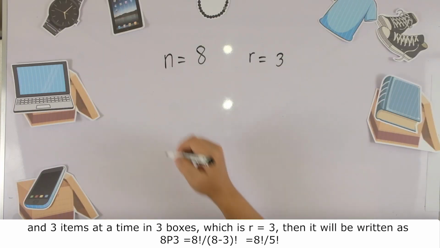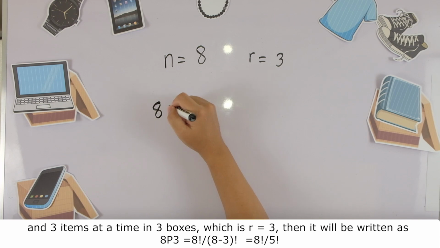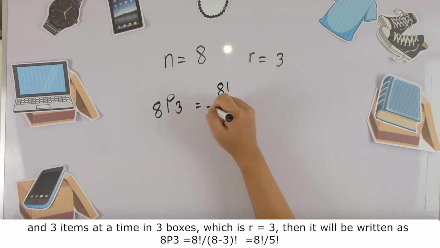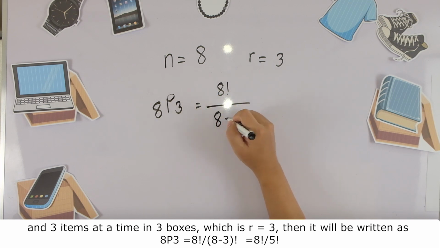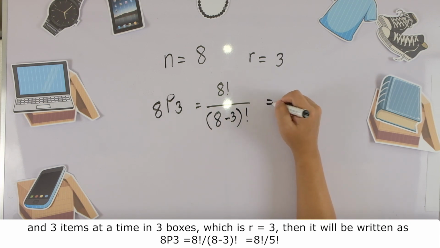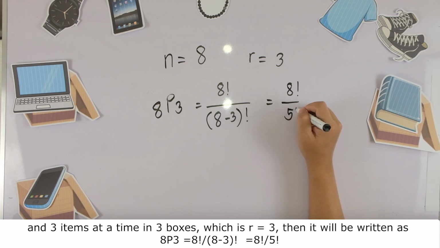Then it will be written as 8P3, that is equal to 8 factorial over the quantity of 8 minus 3 factorial, which is equal to 8 factorial over 5 factorial.